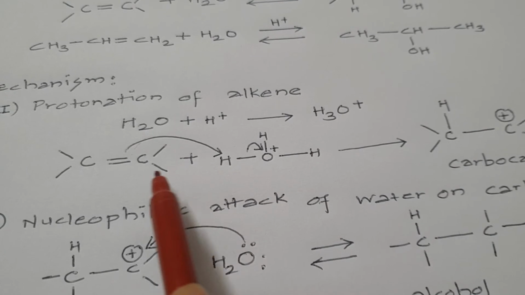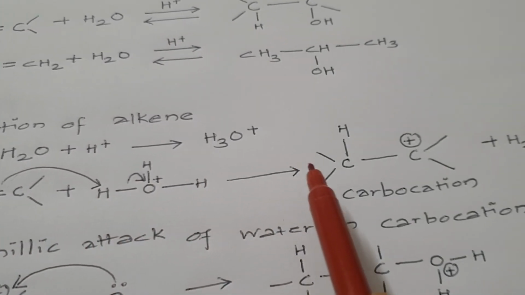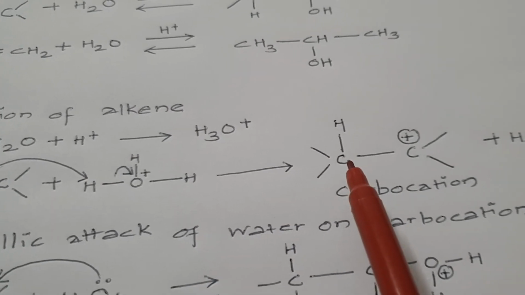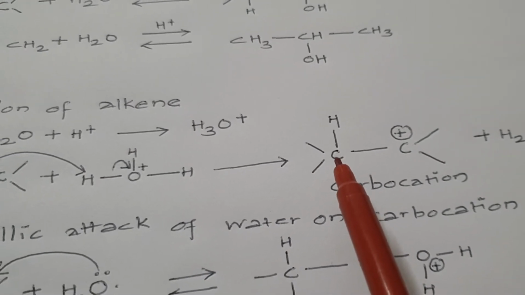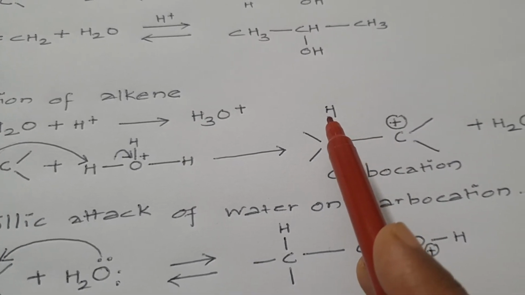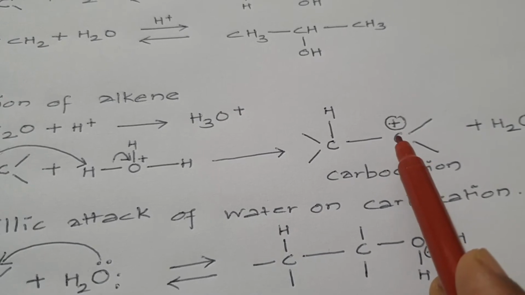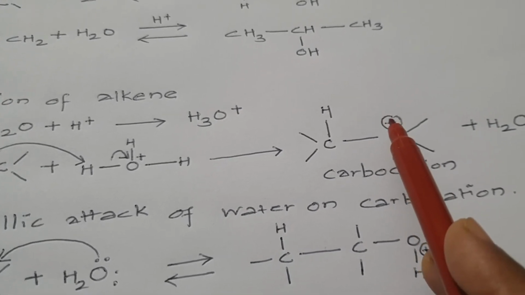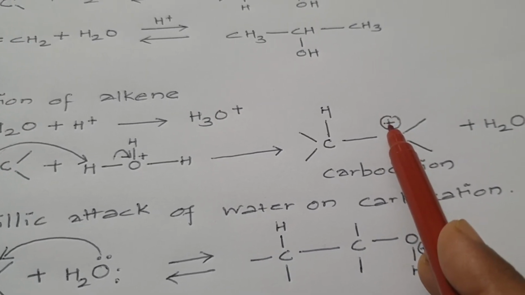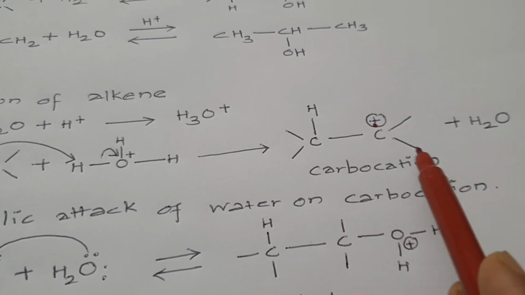It abstracts the hydrogen of the hydronium ion in order to obtain this particular compound. So here the double bond opens up, giving you an addition of a hydrogen, and the other carbon is without a hydrogen, and hence it carries a positive charge. Thus it forms a carbocation.